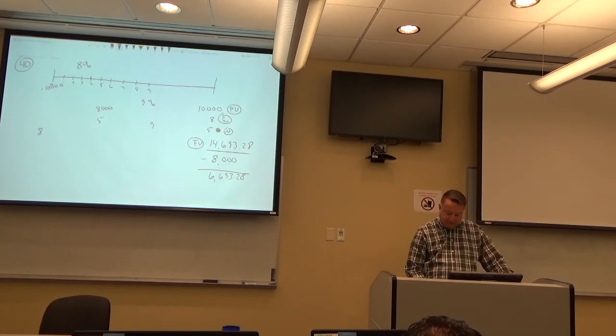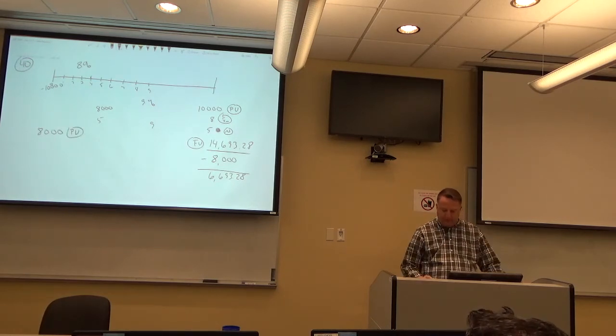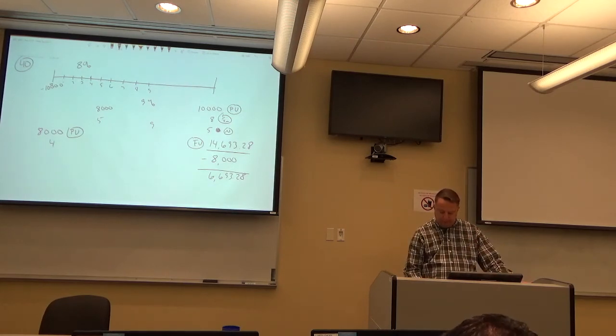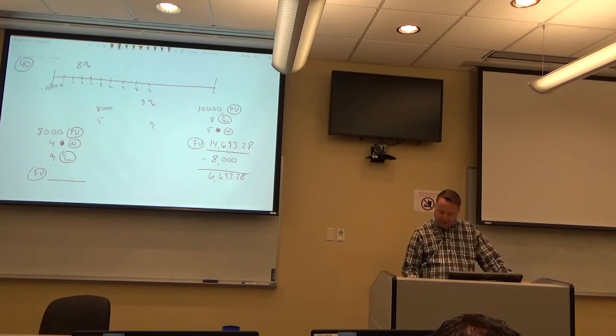So now what we've got is we have 8,000 that's going to be invested for 6, 7, 8, 9, 4 years at 9%. We're going to find the future value for that, and then we're going to have the 6,693.28 invested for 4 more years at the 8%.